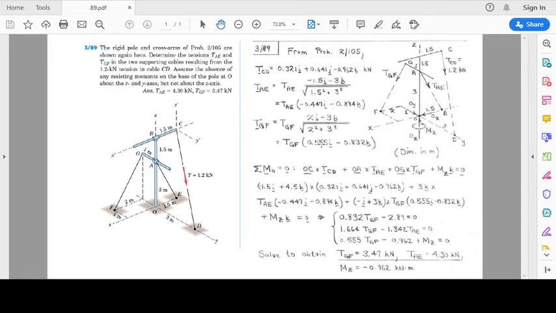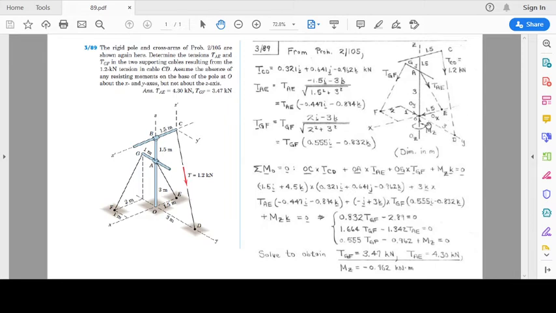Now since we have to find the two unknown forces, we can take moment about point O. When we take moment about point O, the three reaction forces at point O, OX, OY and OZ, are all going to produce zero moment, because these all intersect point O. So the moment is going to be produced by the 1.2 kilonewton force, the unknown tensile forces TAE and TGF, and of course we have this resisting moment about the z-axis at point O because of the support at point O, which is stated in the problem.